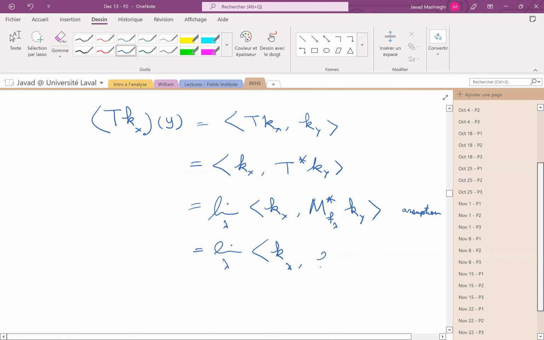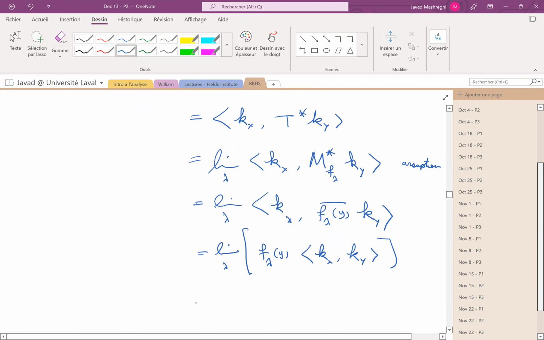So it's f lambda y bar ky, and we can take f lambda y kx, ky, the lim over lambda of f lambda y kx at point y.